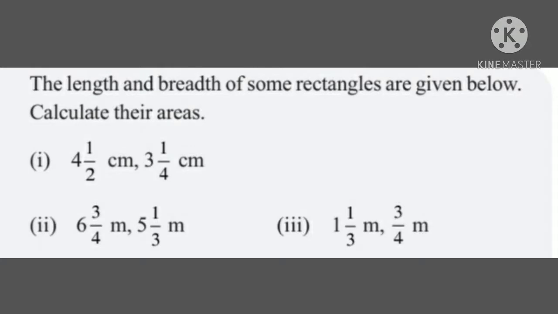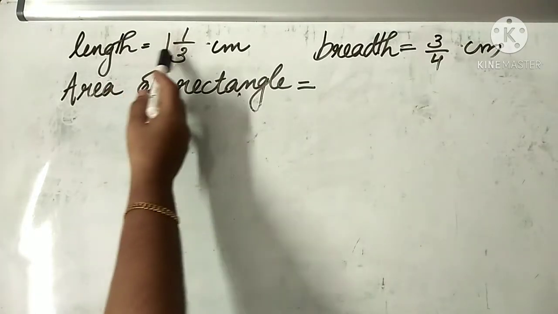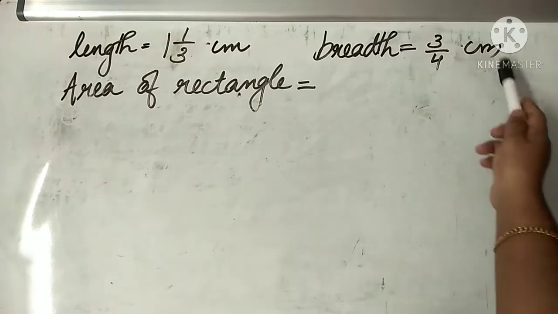Okay. Next question. The length and breadth of some rectangles are given below. Calculate their areas. Here, let us do the third question: 1 1/3 meter and 3/4 meter. So, according to the question, length is equal to 1 1/3 centimeter and breadth is equal to 3/4 centimeter.